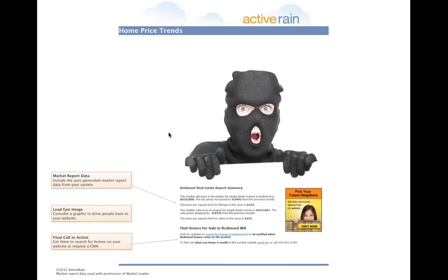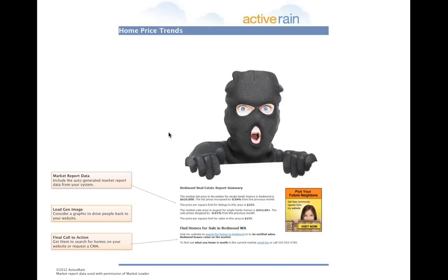That final call to action, that little piece down at the bottom. If we remember, people are looking for information, they're looking for listings, and they're looking for home values. What we're going to do is at the end of our posts, always, right, we need to have some kind of a call to action that allows them to either find the listings or get the value of their home.